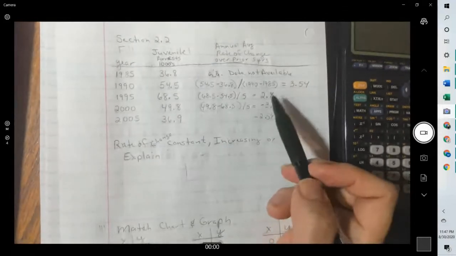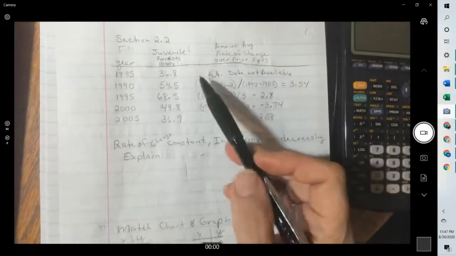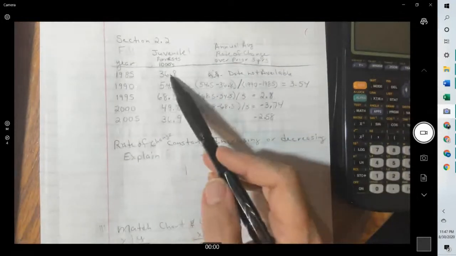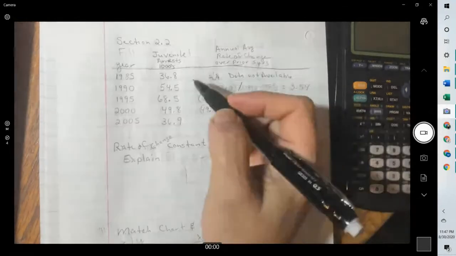Now on some of these, they have a chart and you have to fill out this spot. I already did some of it, so it'll go quicker. But when you're finding the average rate of change between these, you think of these as your 2 points.